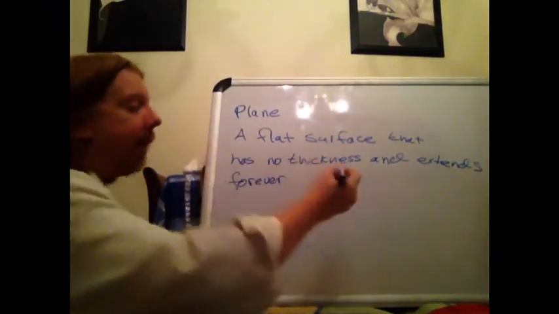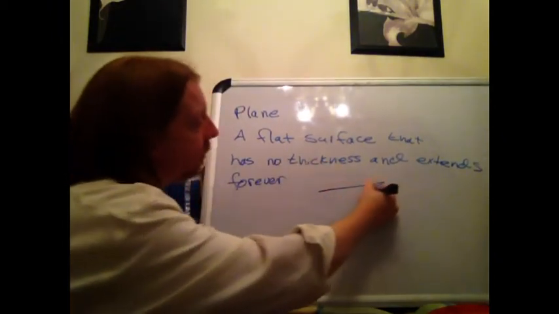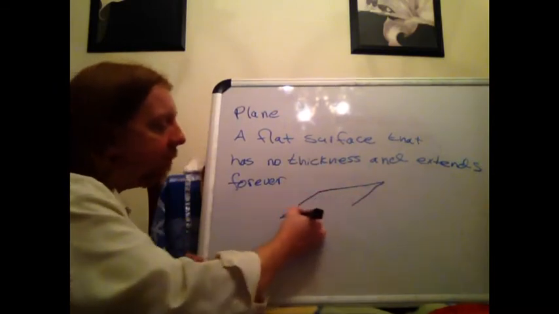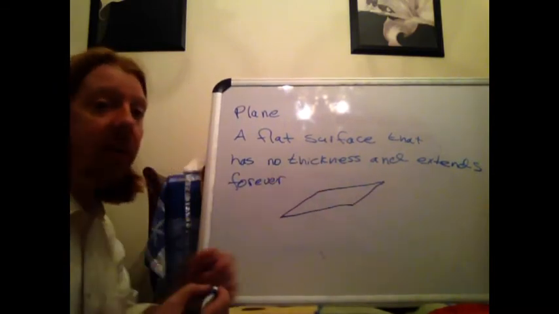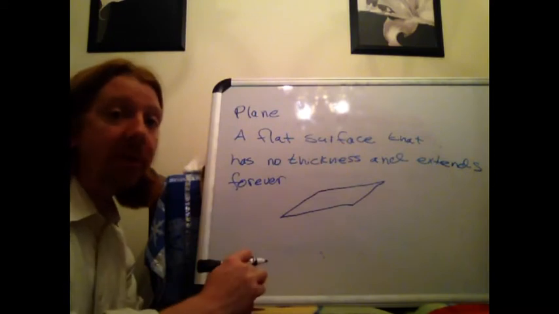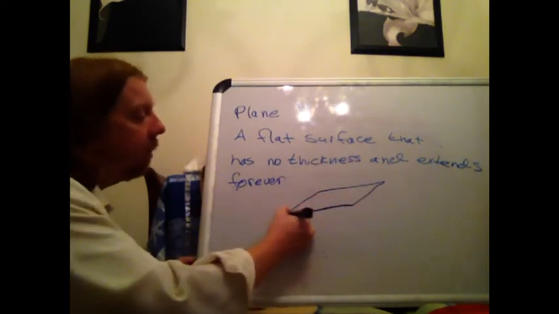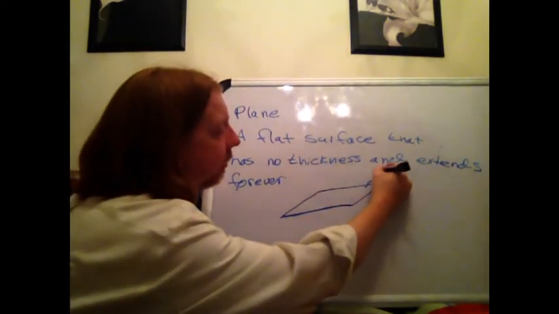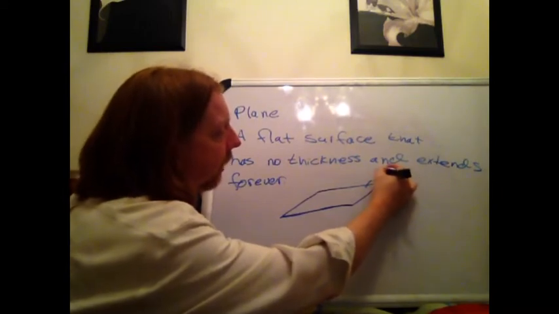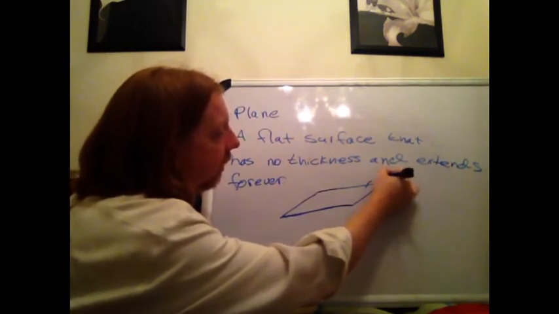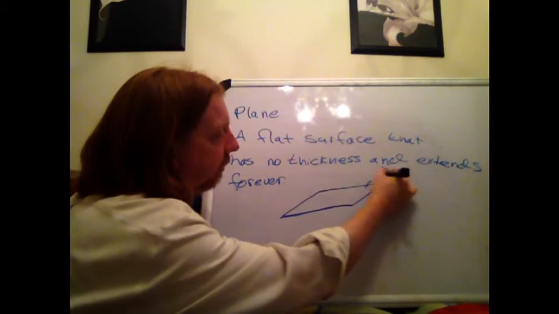When we draw these, we're going to draw them generally as a parallelogram to represent the idea that it's a three-dimensional object drawn on a two-dimensional surface. Planes can be identified using a very bold print, cursive-like letter type of script.